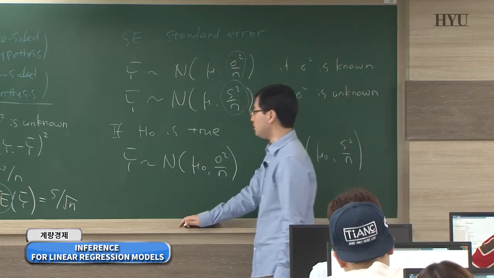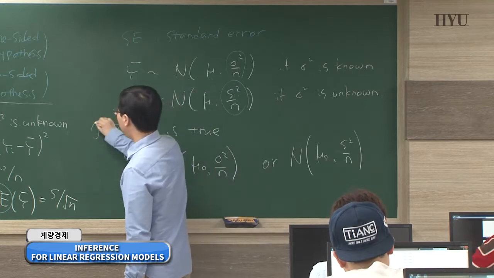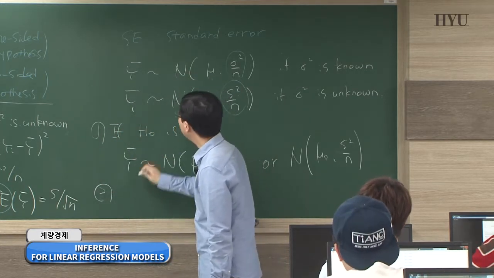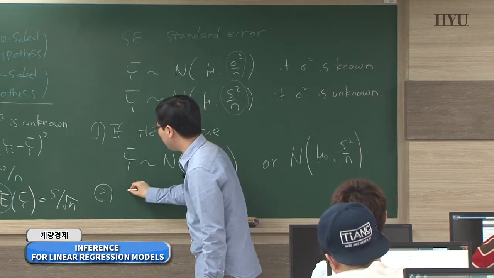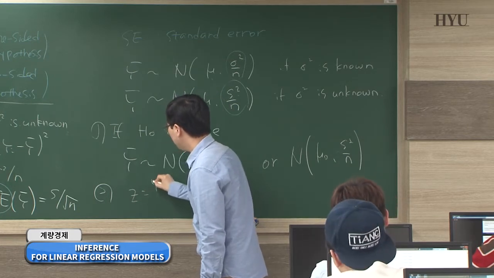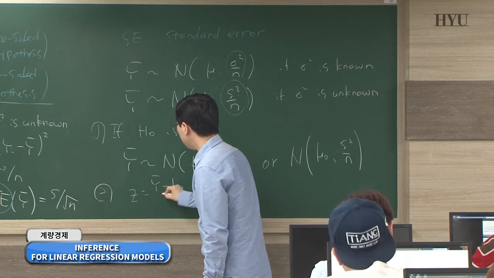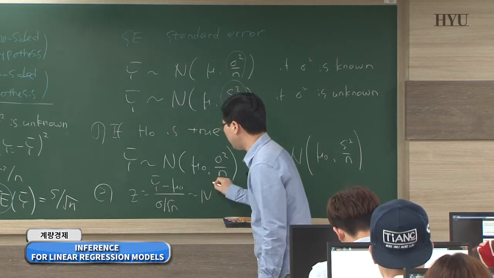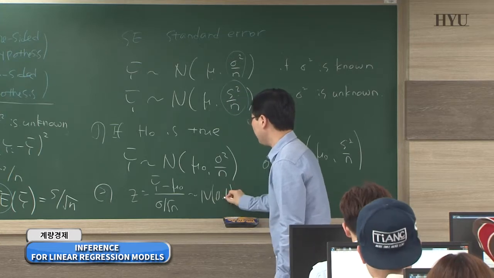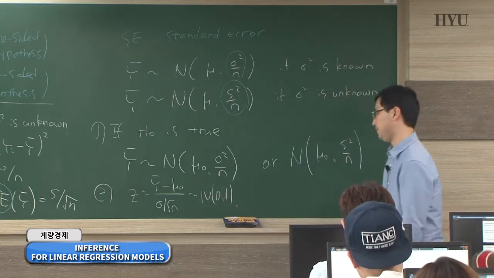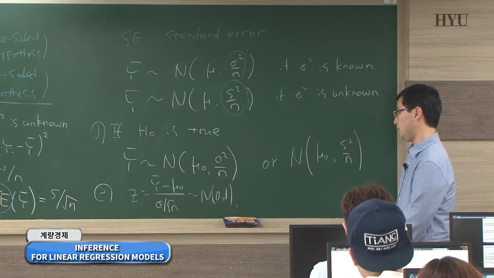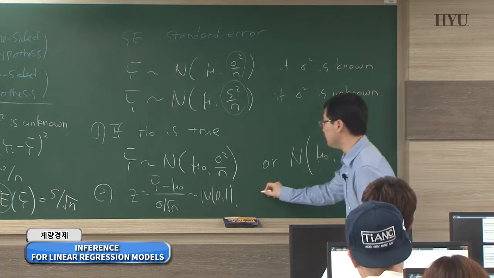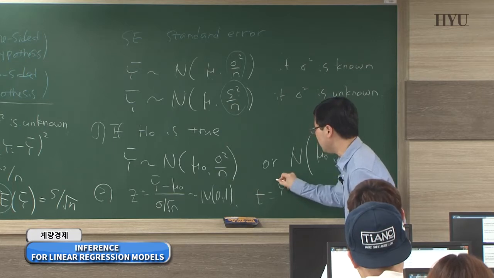My second comment is this. So that's the role of the hypothesis. You can standardize it, right? So in the first case, when sigma squared is known, we define a Z statistic. Then this follows a normal distribution with 0 and 1. When sigma squared is unknown, we define a T statistic.